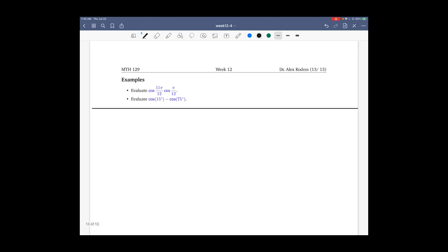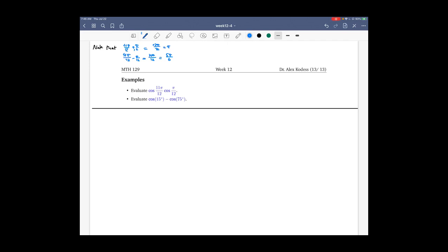We note immediately that the sum of these two angles, 11 pi over 12 plus pi over 12, is of course 12 pi over 12, which is pi, and we know all trigonometric functions of pi, and also the difference, 11 pi over 12 minus pi over 12, being 10 pi over 12, simply is 5 pi over 6.